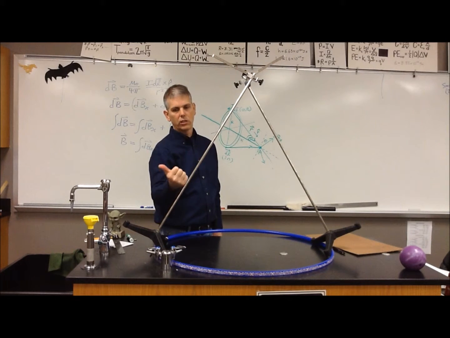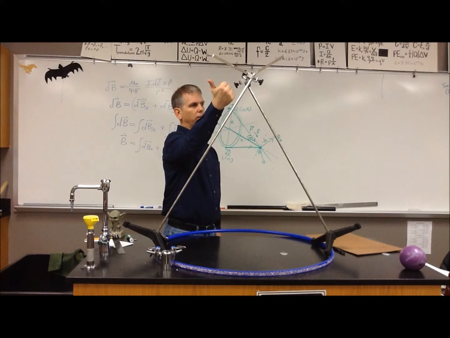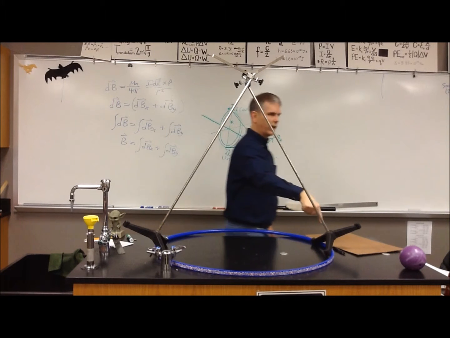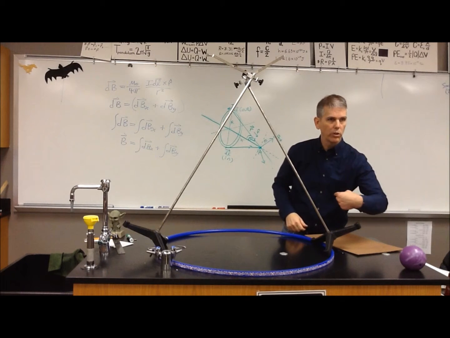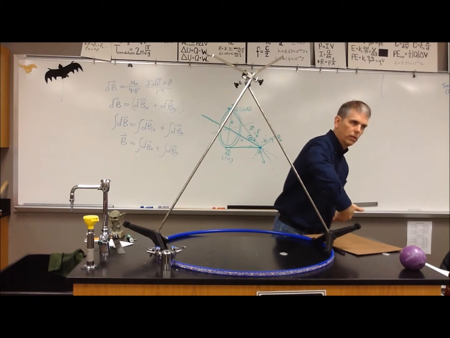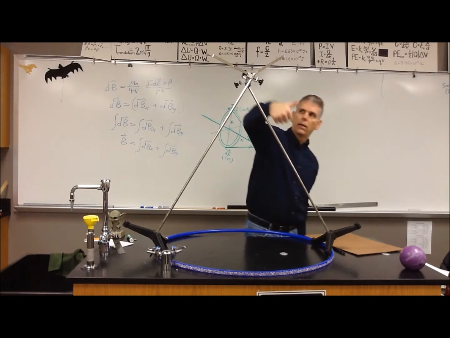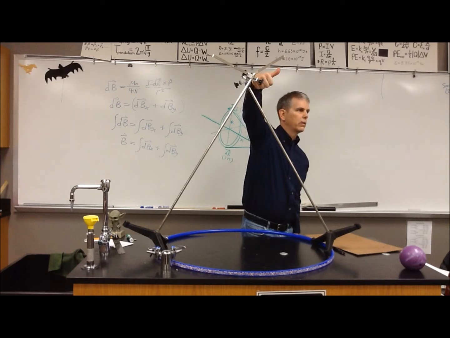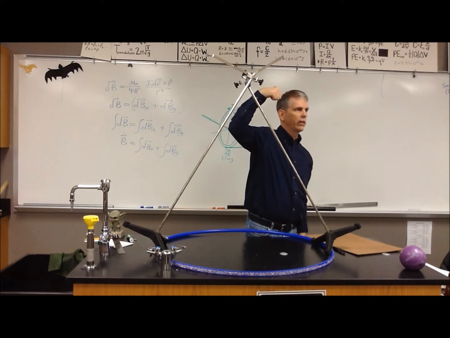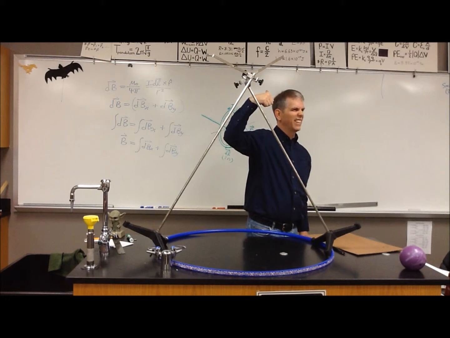DL cross R points this direction. Agreed? On this side, DL is now pointing towards me. DL cross R, my thumb is pointing this direction. Do we follow what I just did there, yes? That's easy to see, isn't it?